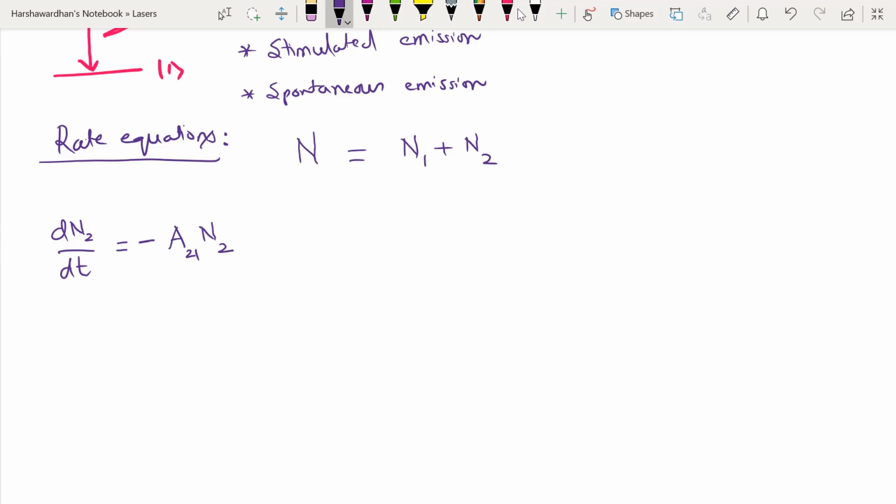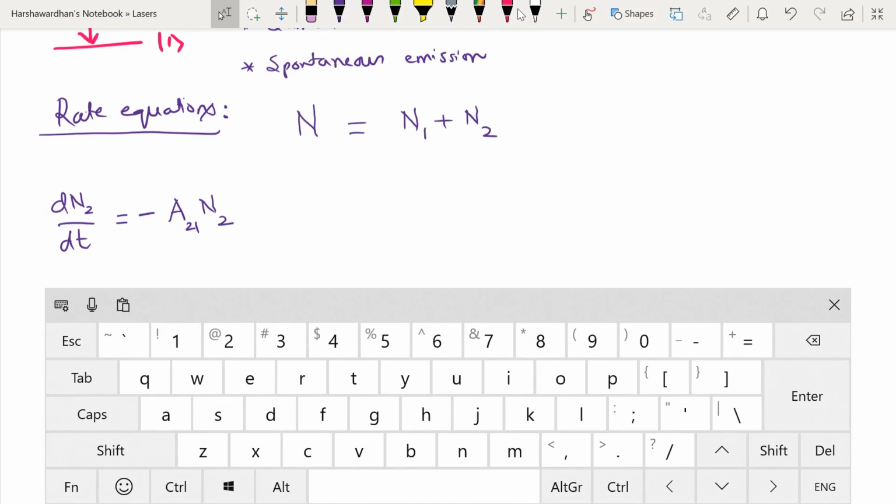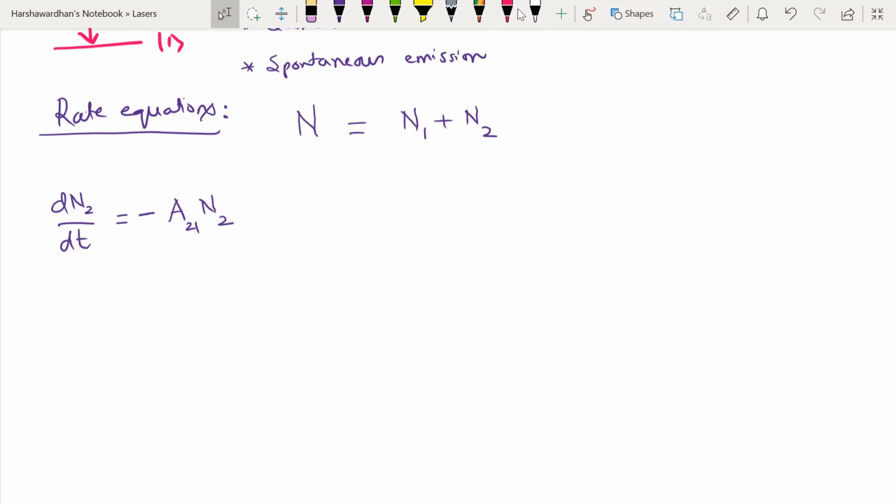Similarly, because of stimulated emission, the number of atoms in the excited state comes down. And stimulated emission, as you know, is proportional to the number of atoms in the excited state as well as the photon flux.